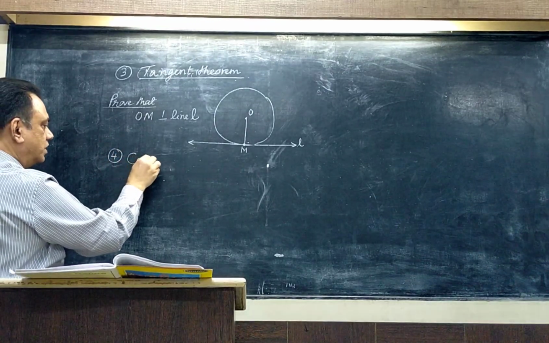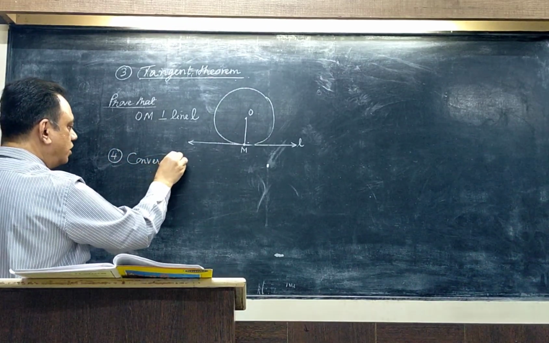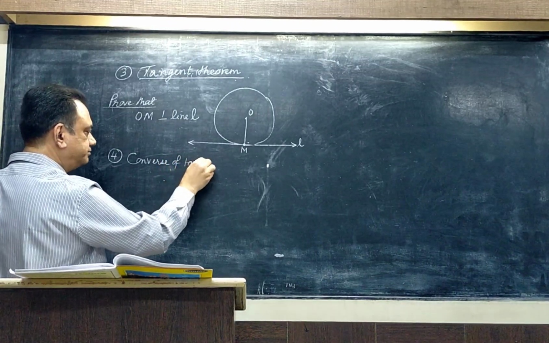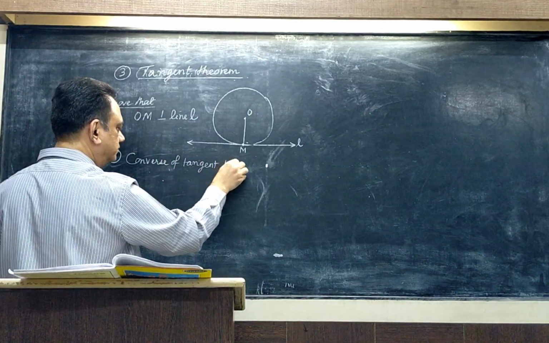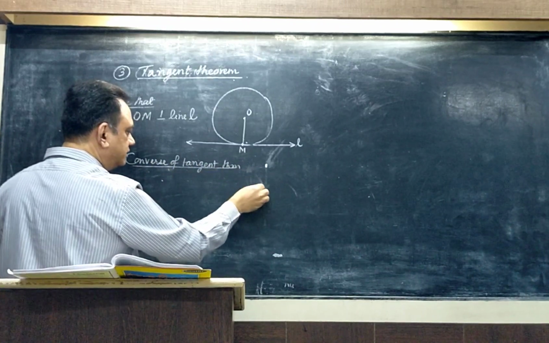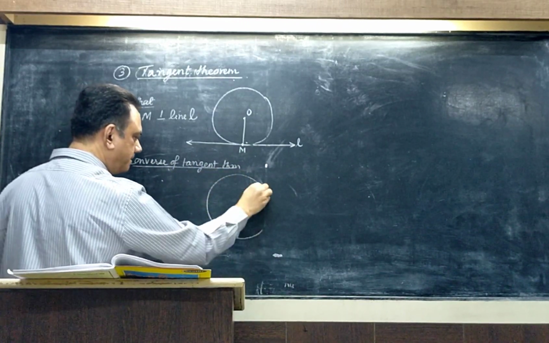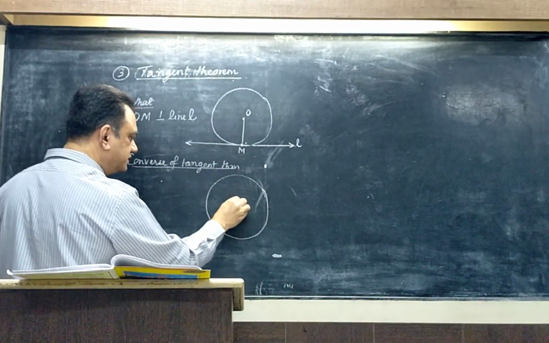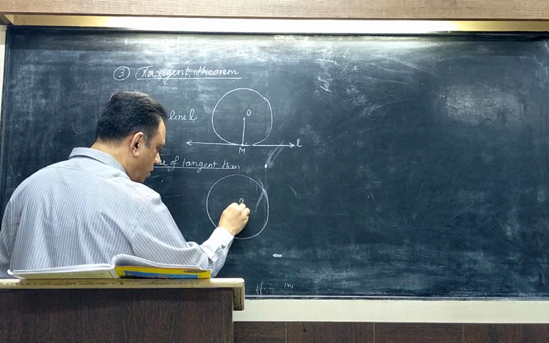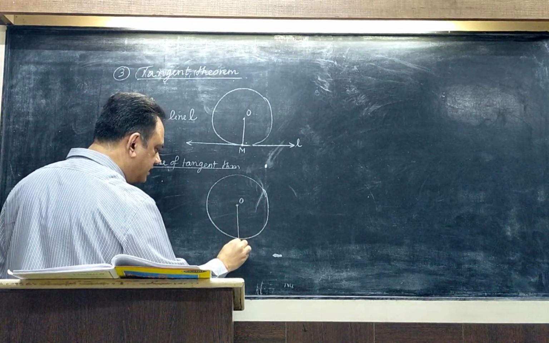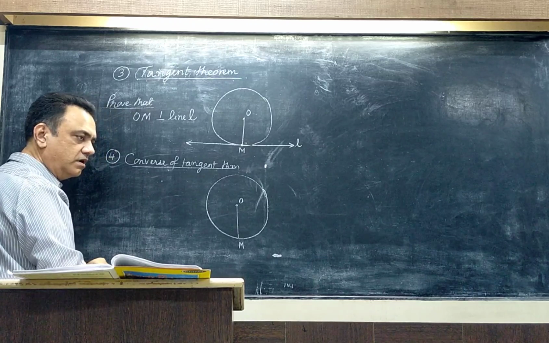Fourth one, converse of tangent theorem. This is a circle, center of the circle. OM is the radius of the circle.